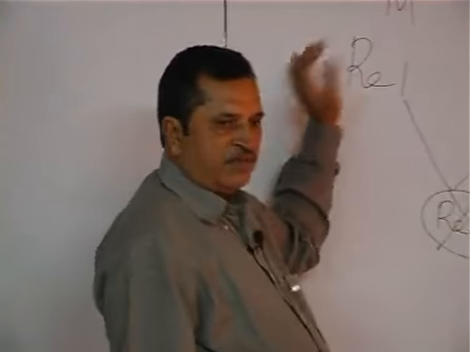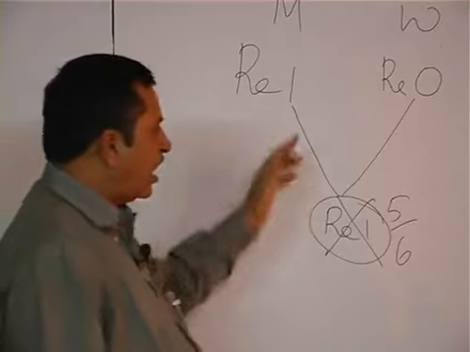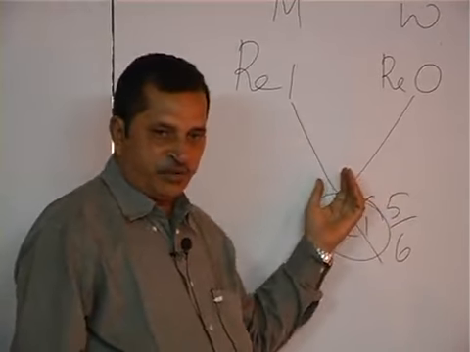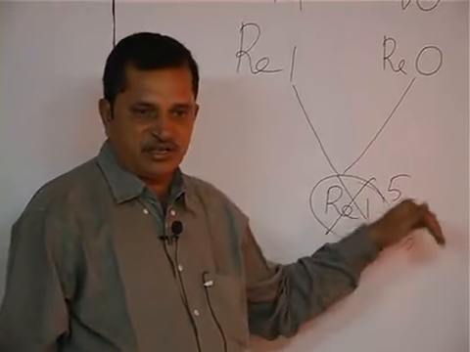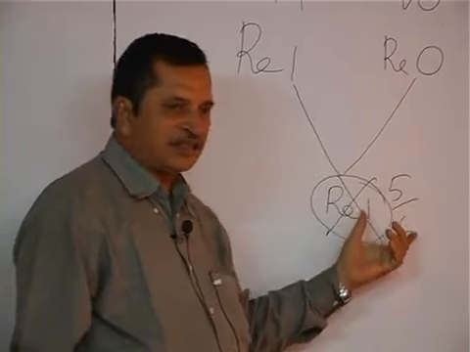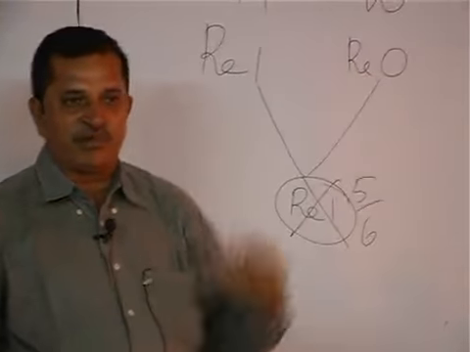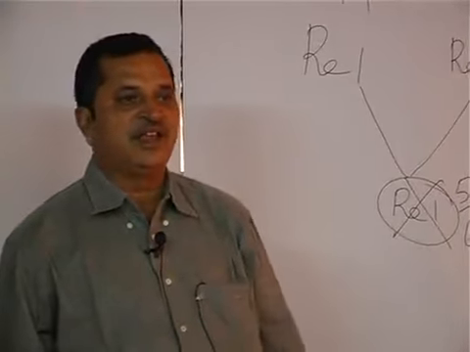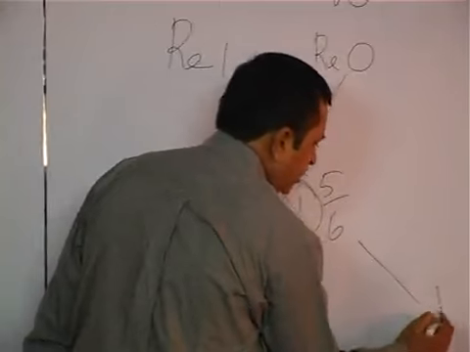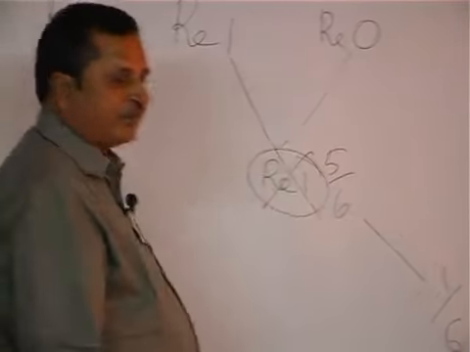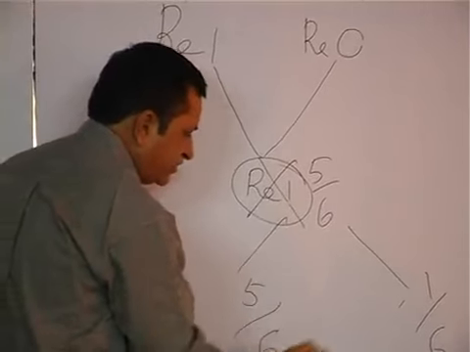Pure milk is worth 1 rupee, water is worth 0. After mixing the water to the pure milk, the price of the milk has come down because purity has come down. Now the worth is 5 by 6 rupee only. This 5 by 6 worth rupee he is selling for 1 rupee, saying that he is selling at the cost price. 1 minus 5 by 6 is 1 by 6. 5 by 6 minus 0 is 5 by 6.